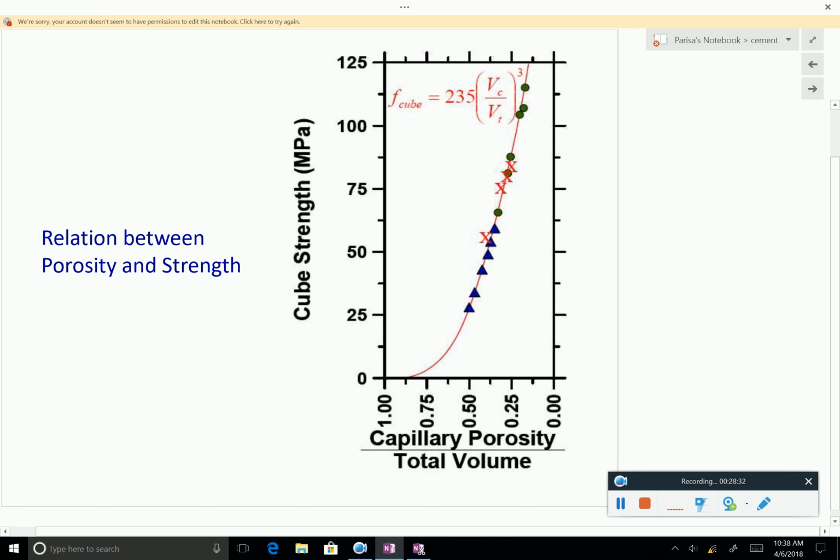This is another curve showing the same thing. This is real experimental data. When you look at the porosity, the ratio of capillary pores to the total volume, you see that if you have more in this direction, the strength is dropping dramatically.